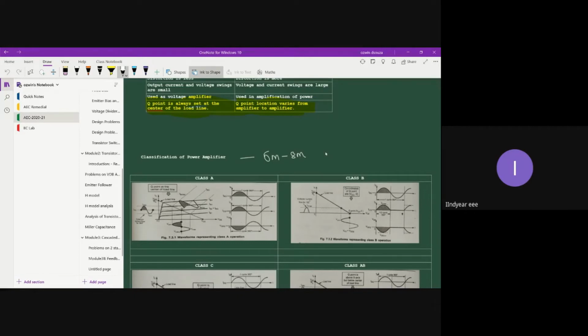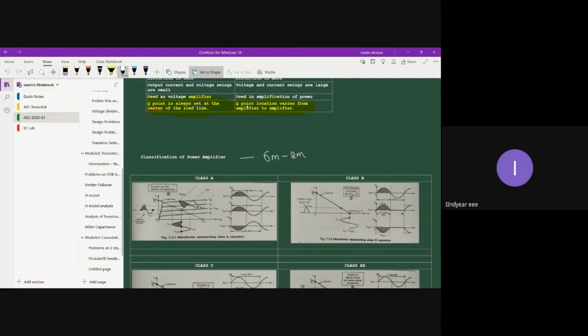Now, in a previous discussion, I had pointed out the Q point operation, right? I had mentioned that in case of a small signal amplifier, you are going to fix your Q point always at the center of the load line. On the other hand, in case of a power amplifier, the Q point location varies from amplifier to amplifier.